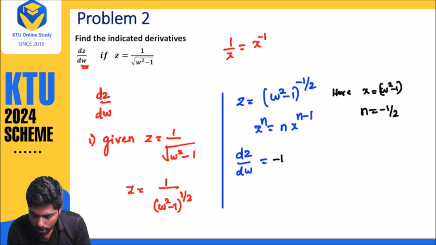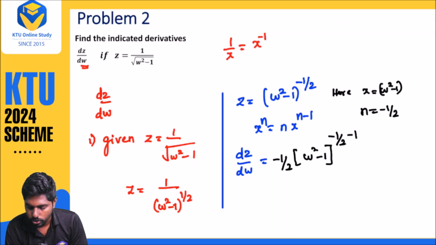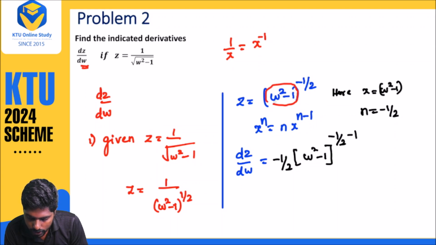So what is x power n minus 1? That is w square minus 1 to the power of minus 1 by 2 minus 1. Until now we have taken this whole thing as x. Now we also want to consider w square minus 1, so when we are differentiating this with respect to w, what will happen?